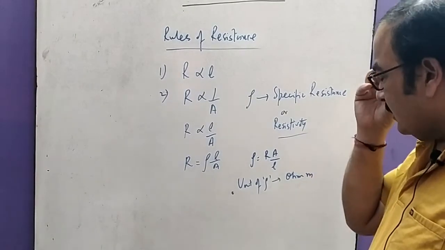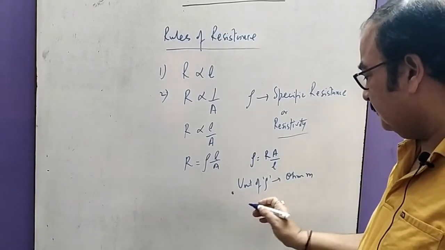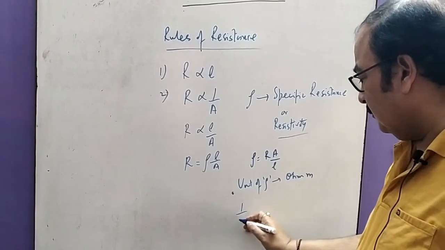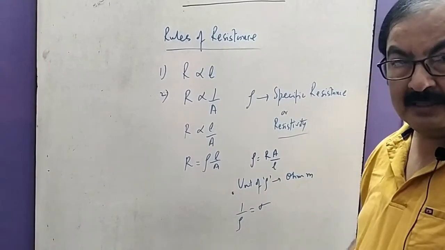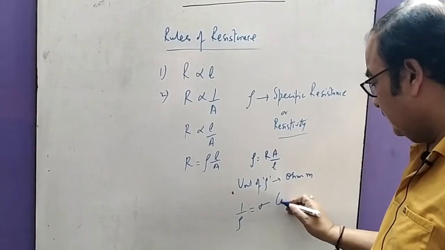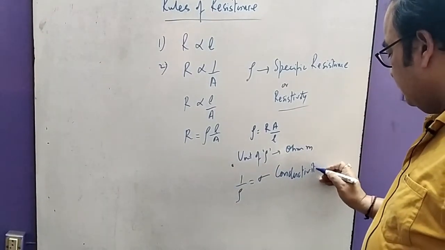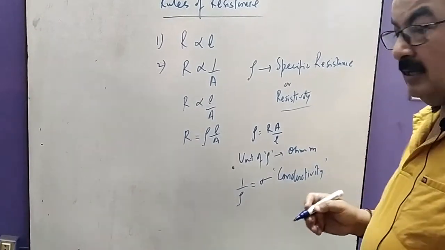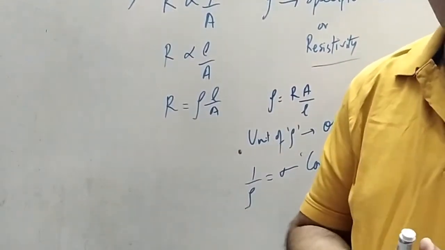Now if we say that the inverse of rho is another physical quantity which is called sigma, that is your conductivity. Remember, resistivity and conductivity have mutually opposite significance.